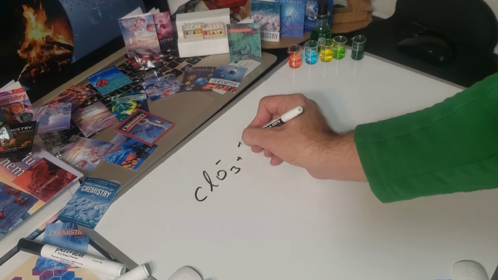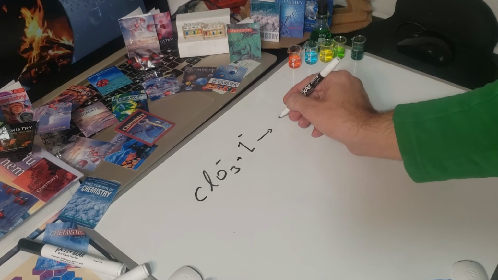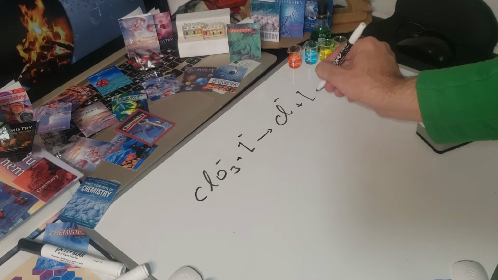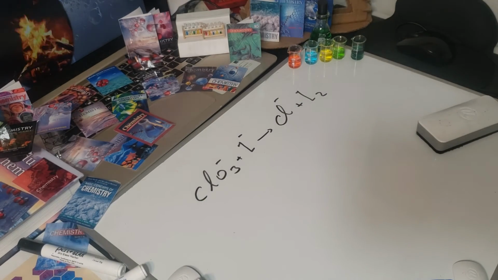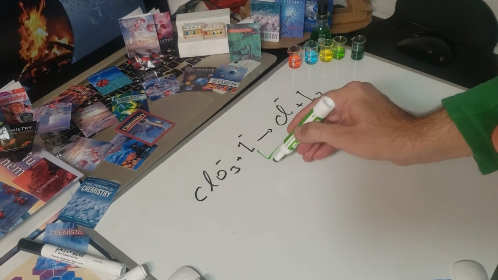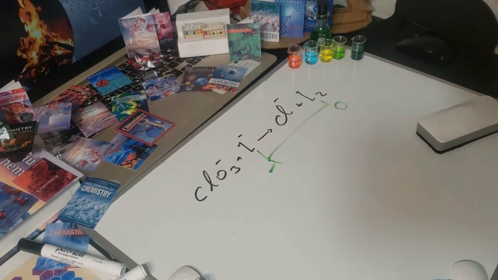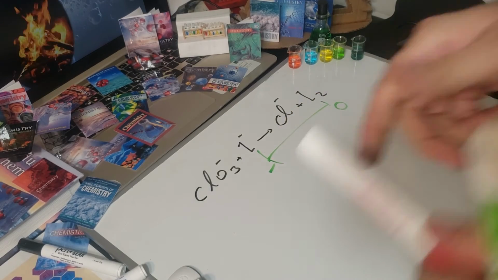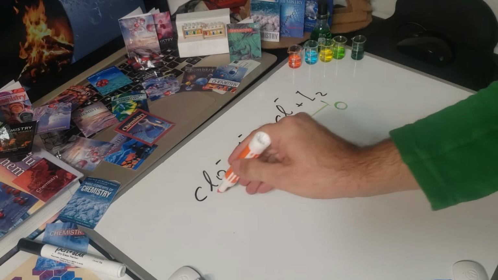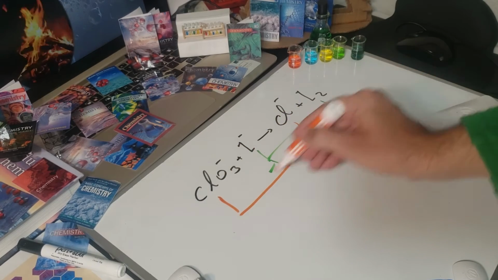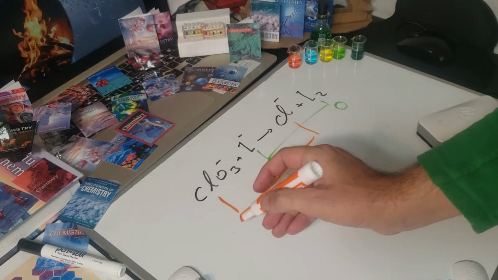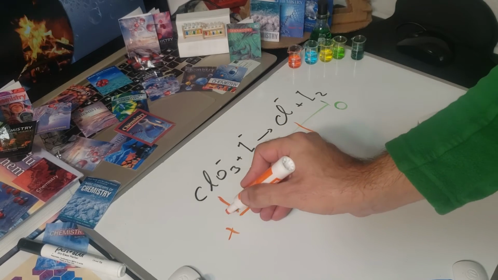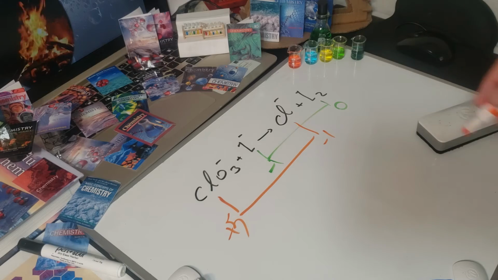ClO3 minus plus I minus, giving me Cl minus plus I2. Iodine and chlorine are changing. Iodine is going from -1 to 0, and chlorine is going from +5 to -1.